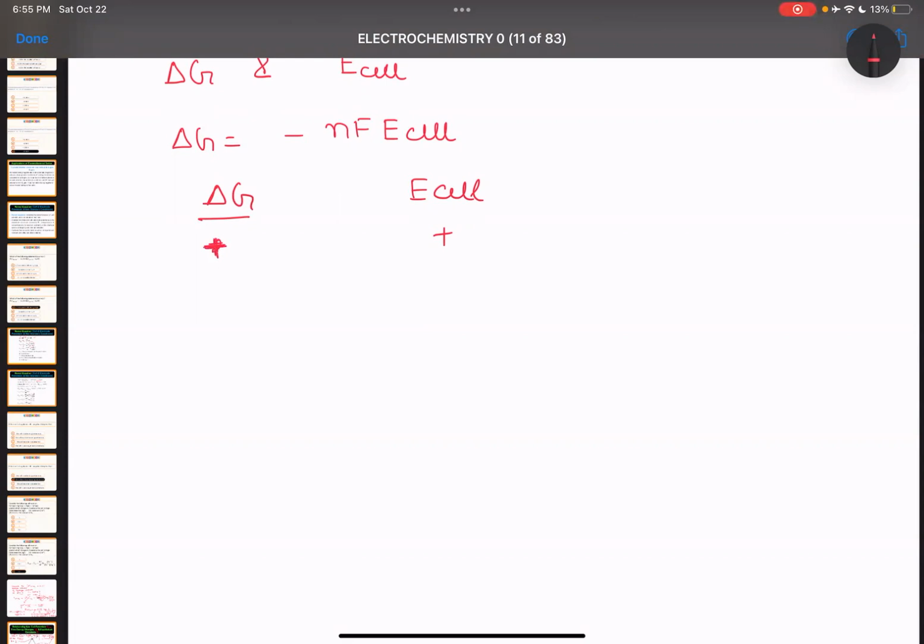If EMF is positive, what can you say about the reaction? Is the cell reaction going to work or is it going to stop? Is it spontaneous or non-spontaneous?